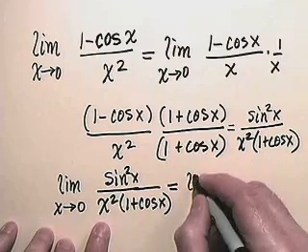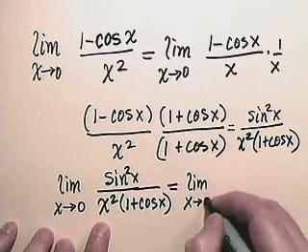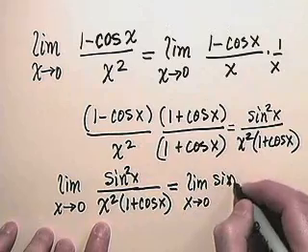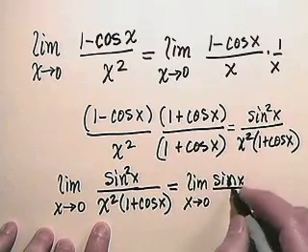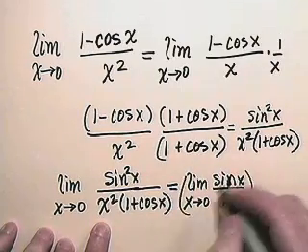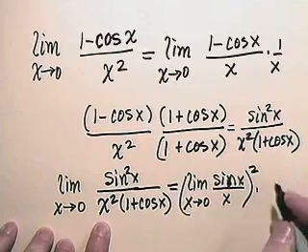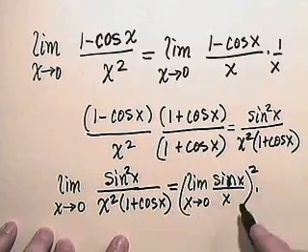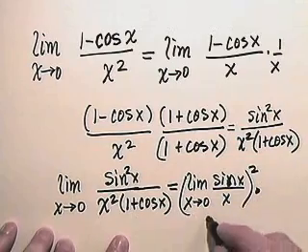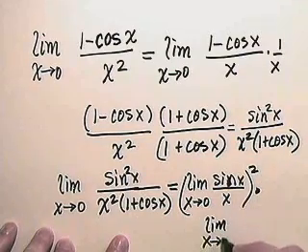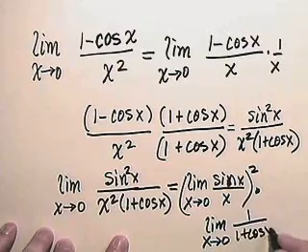So this would be the limit as x approaches 0 of sine x over x, quantity squared, times the limit as x approaches 0 of 1 over 1 plus cosine x.